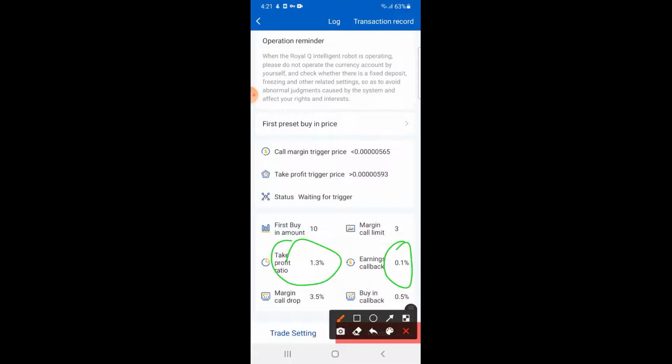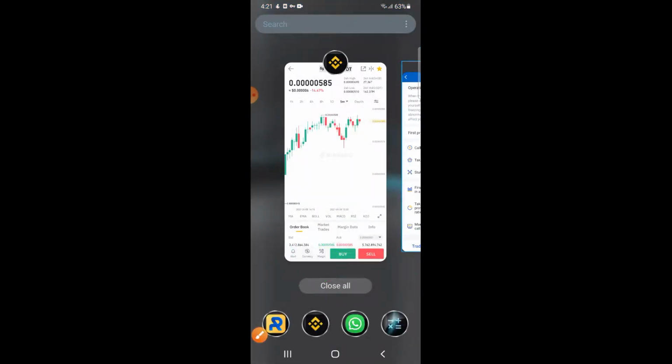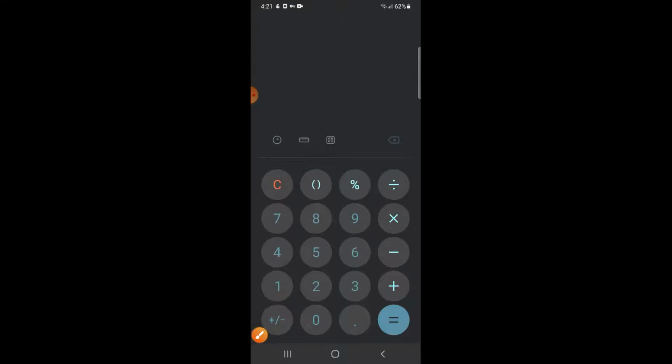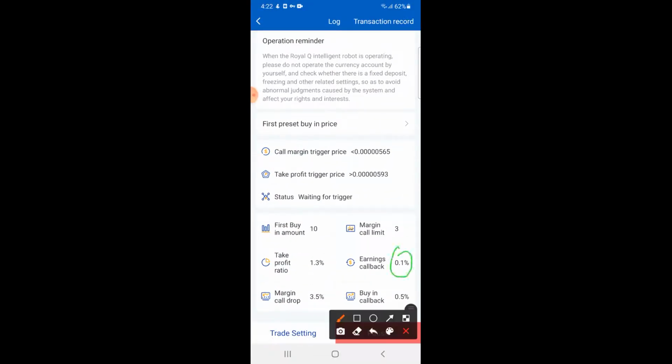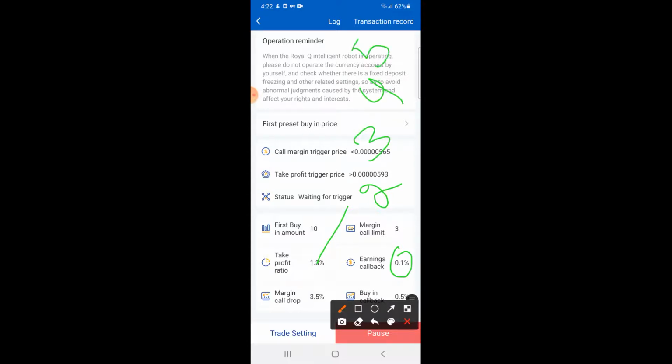If I open a calculator, 1.3 minus 0.1 means your trade closed with a profit of 1.2%. If it's not going down 0.1%, then it will go up 2%, 3%, 4%, and after going 5%, if it goes down 0.1% again, how much profit have you taken?